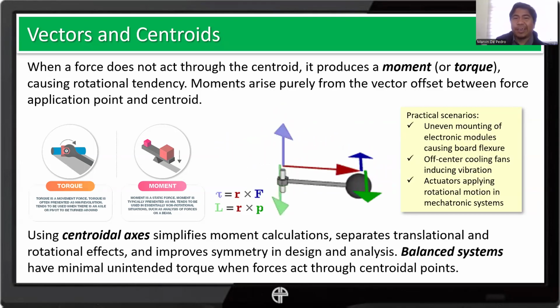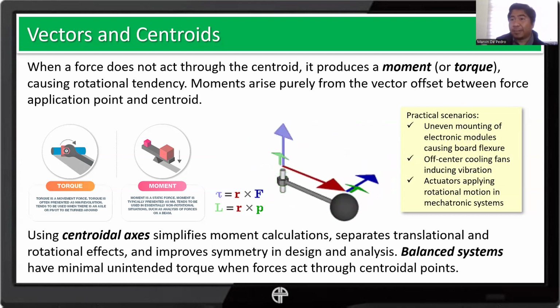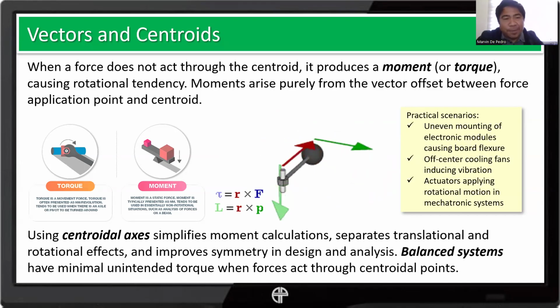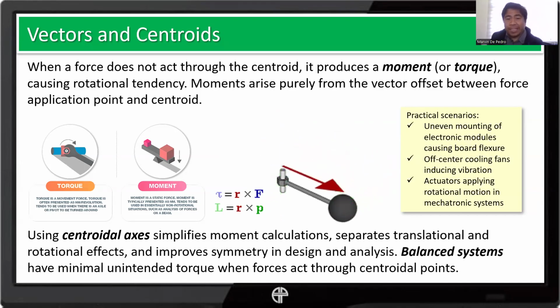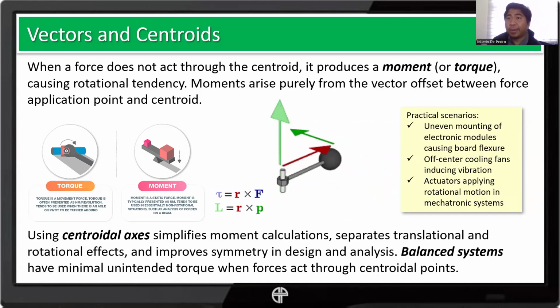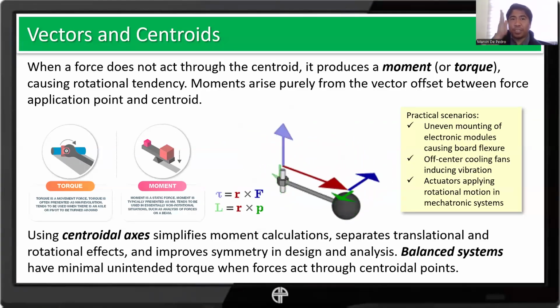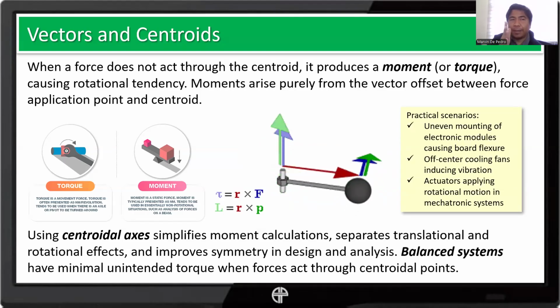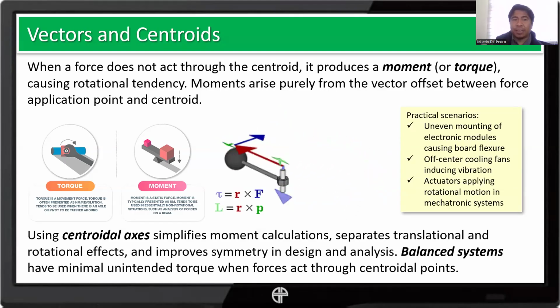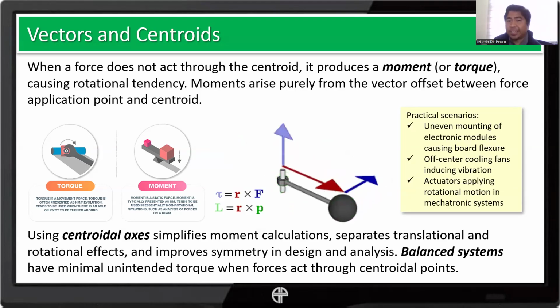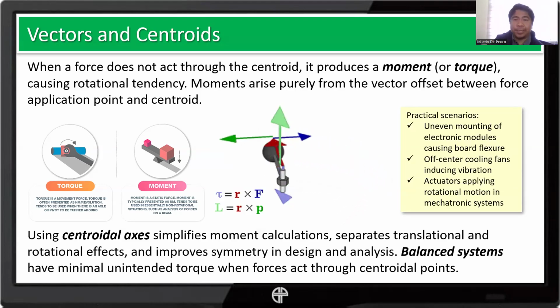Balanced systems have minimal unintended torque. Remember, when an object is supposed to stay in its designated position, then there should be no unintended torque when forces act through centroidal points.